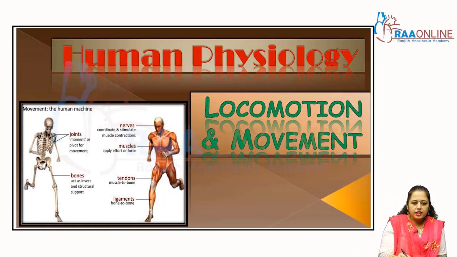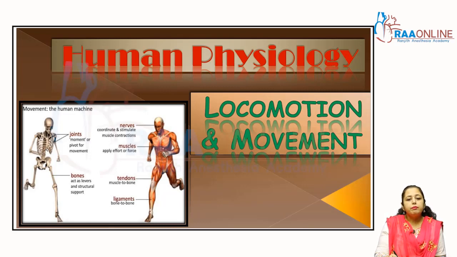As you know, in that diagram, joints are also responsible for movement, as the pivot for movement. The bones act as levers. The nerves coordinate and stimulate the muscle contraction. The muscles apply the effort or force.